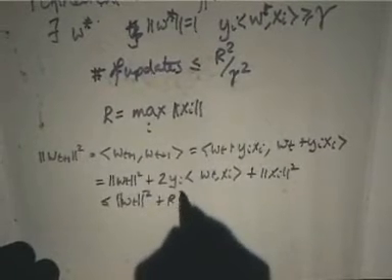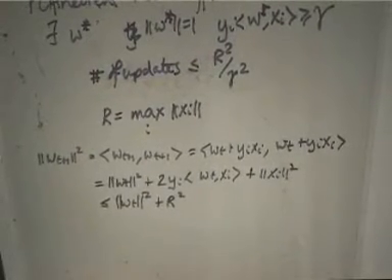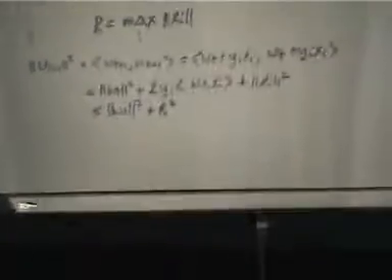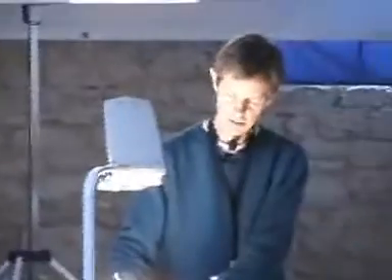So this is plus R squared. So at each stage, the weight vector norm squared can increase by at most R squared, and so this is less than or equal to (t plus 1) times R squared after t plus 1 updates, since it started with the 0 weight vector. That was our assumption here.